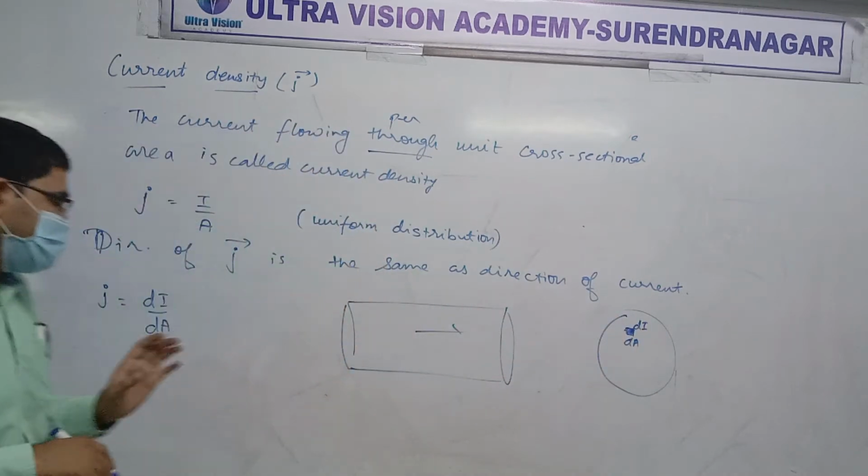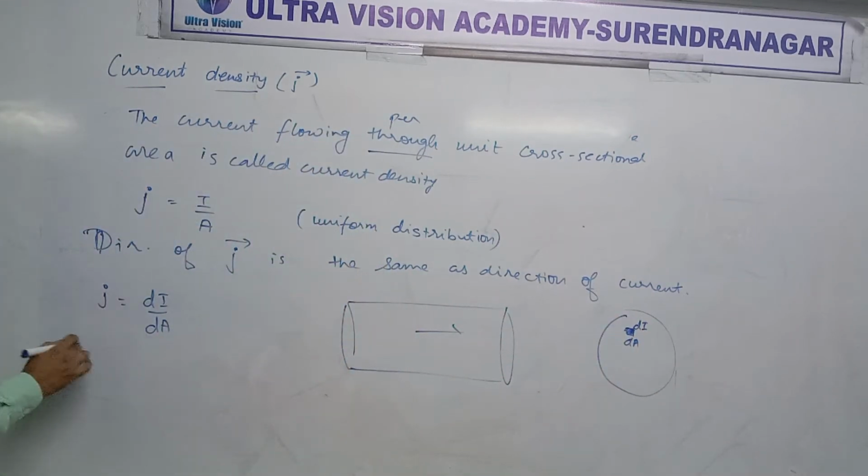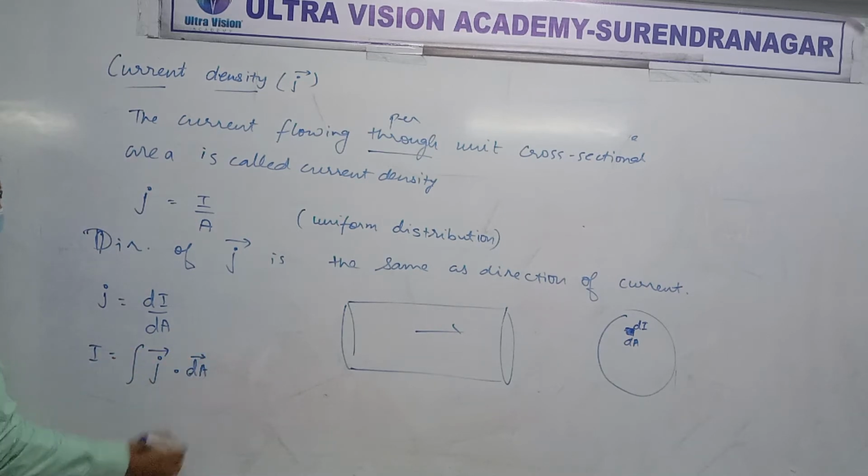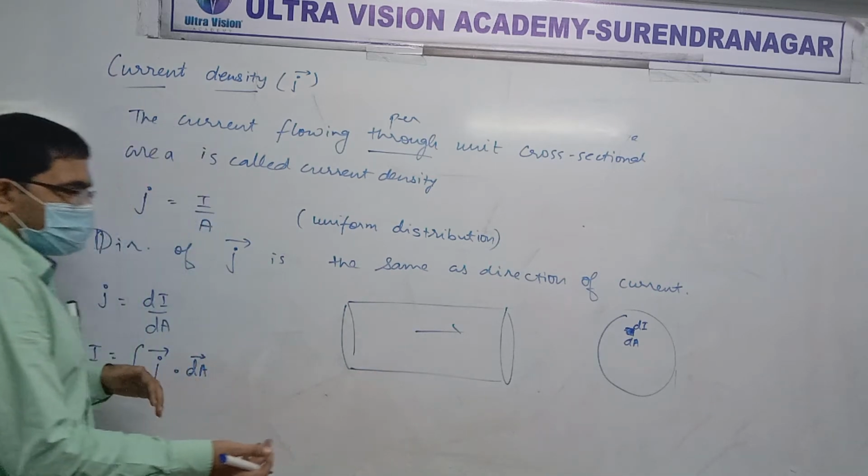So it's possible that from one point more current is flowing, but from the other point less current is flowing, and so on. So in general, the total current can be found by integration of J vector dot dA vector. Do you remember the dA vector? Area vector, yes or no? You can mark any particular cross section.